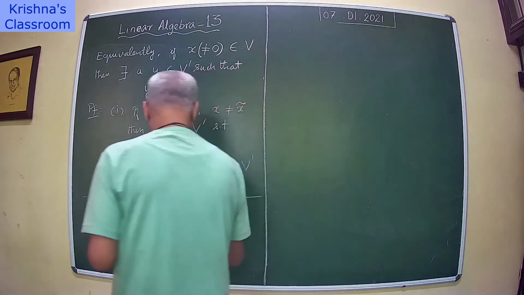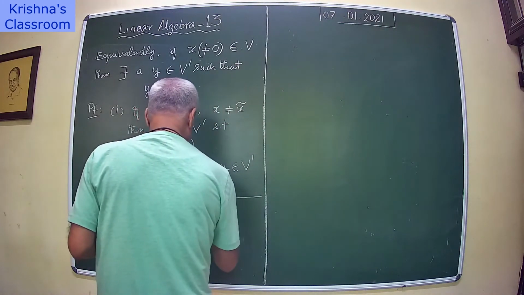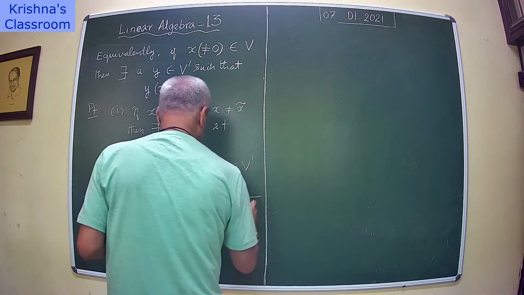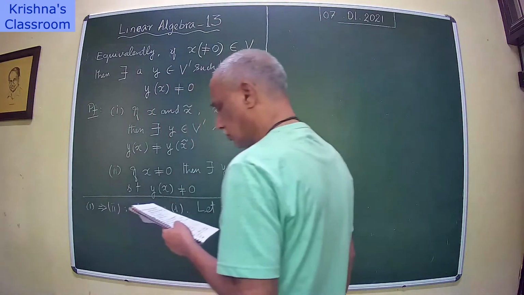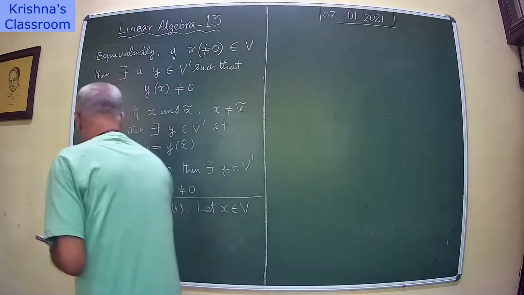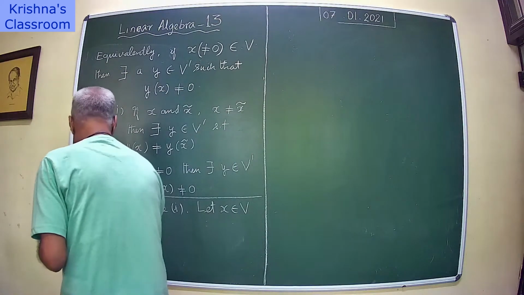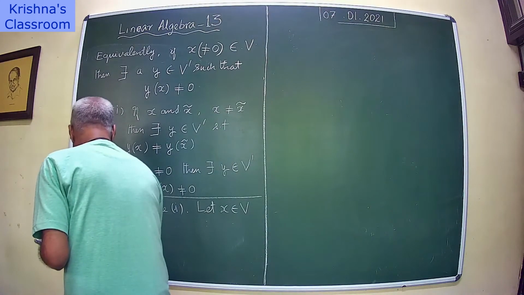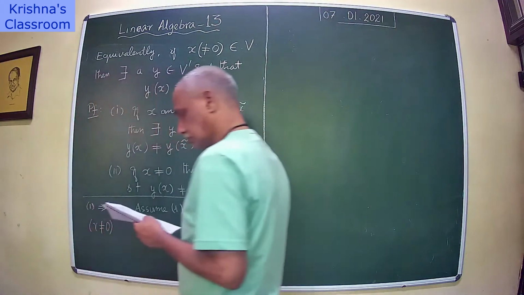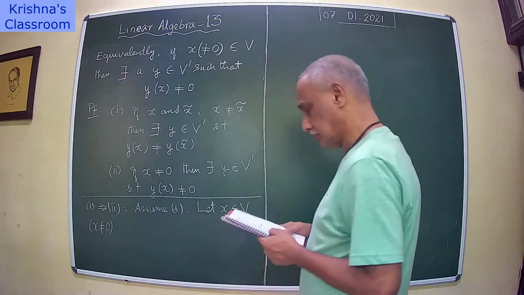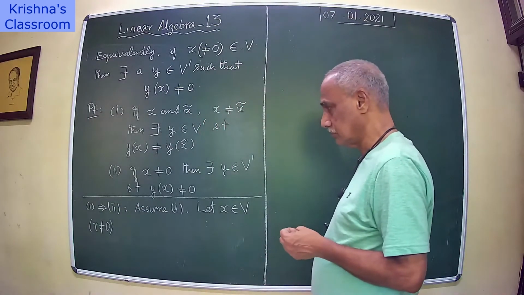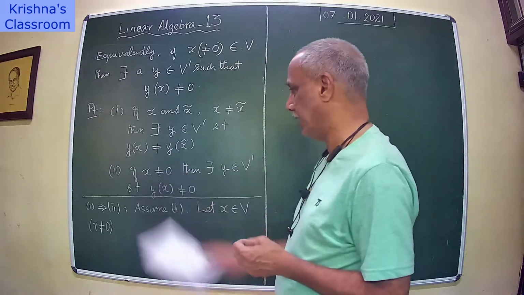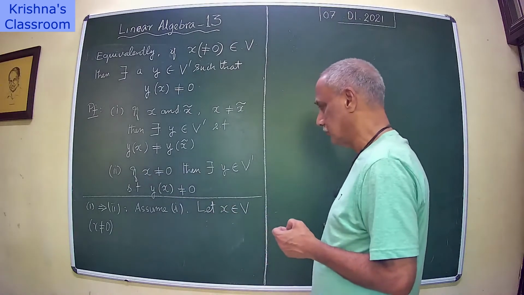Let x belong to B and x is not equal to 0. That's the one that we take here in 2. Okay.